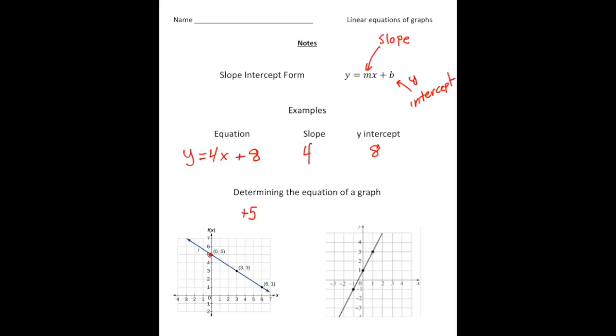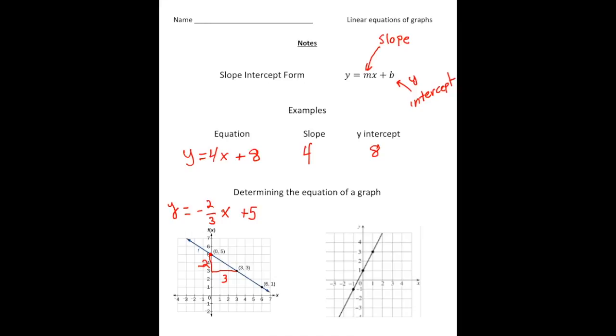So I'm going to go from this point here to this point. So we're going to go, looks like down 1, 2, down 2, and then over 1, 2, and 3. So we know our slope is going to be, again, going down, so negative 2/3. So it's going to be negative 2/3 x plus 5 equals y.